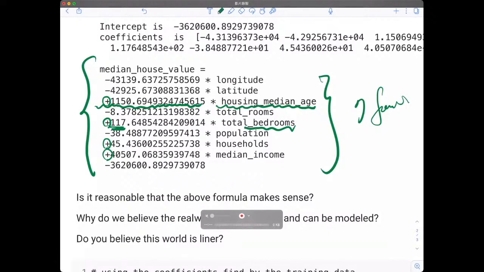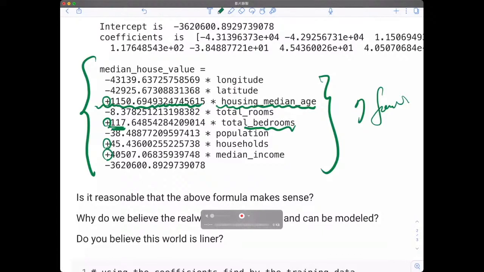Raise your hand if you think the relationships in this world are more linear. No one. Raise your hand if you think the world is more non-linear. Okay, quite a lot. Students in the classroom said the world is much more like non-linear than linear.